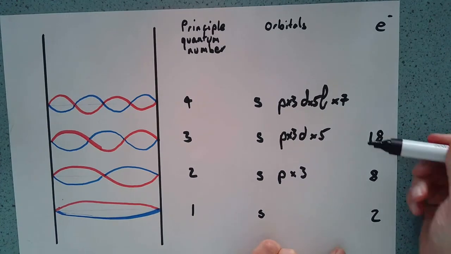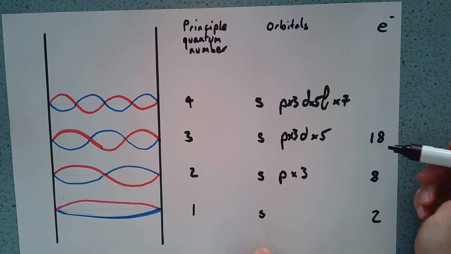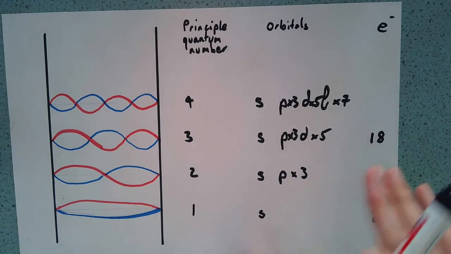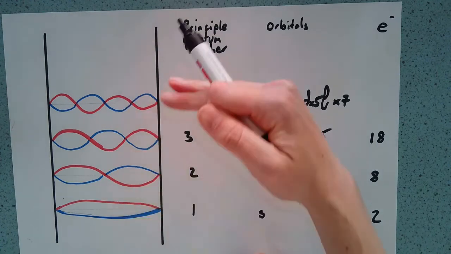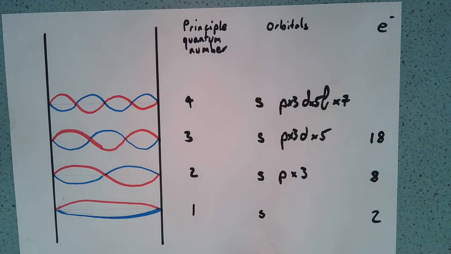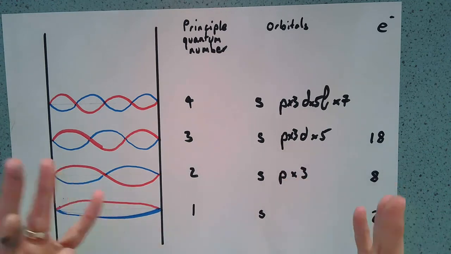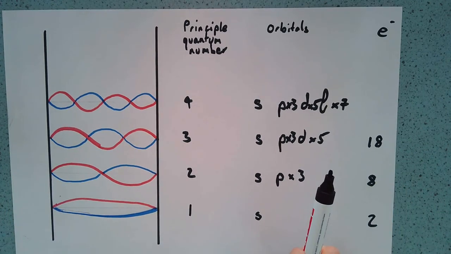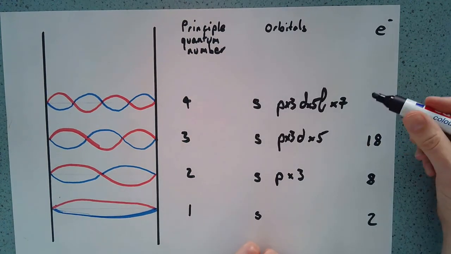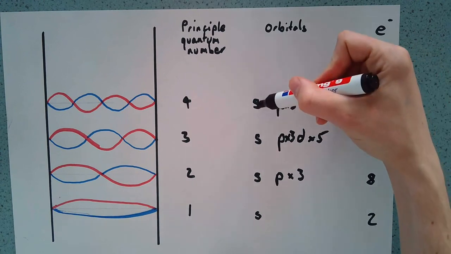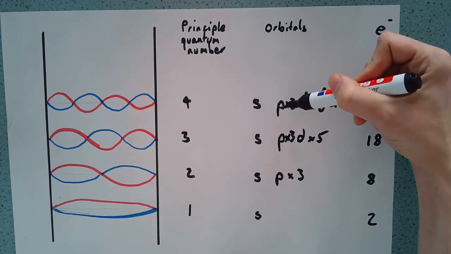So actually, the third shell we can fit 18 electrons into. Now that's different to our Bohr model, because we tend to go 2, 8, 8 with the rules for filling that up. And we'll see how this actually works on an atom and filling the electrons into an atom in a future video.